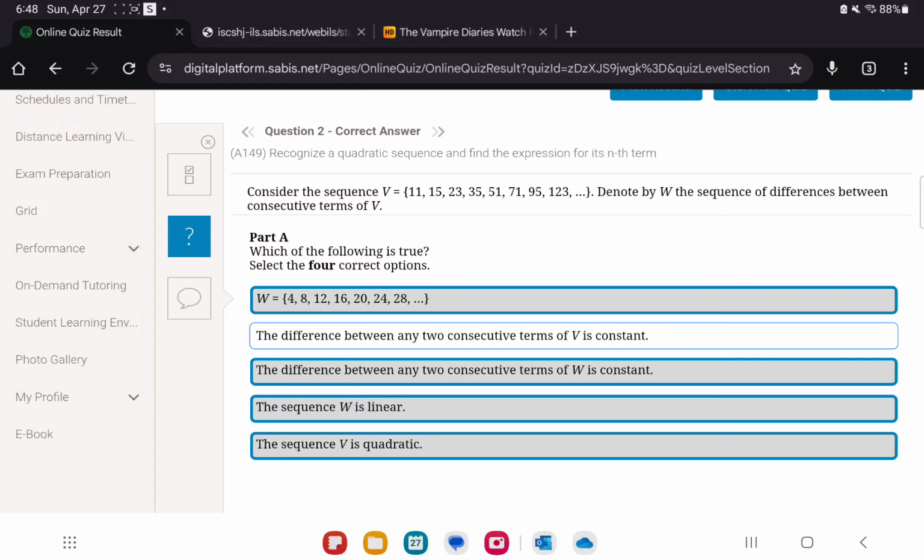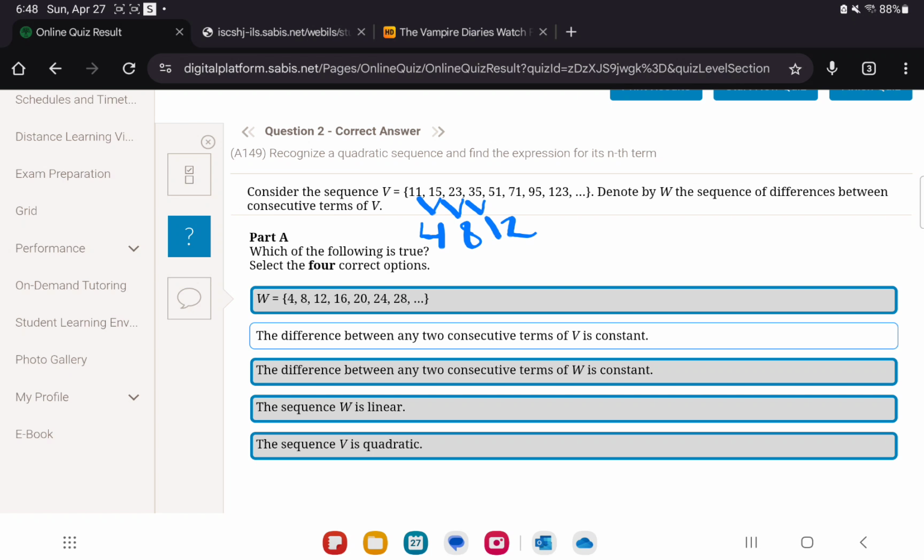Now for this question, it's literally the same thinking, okay? We have the sequence. Let's see if it's an arithmetic sequence or a geometric sequence, okay? So 15 minus 11 is 4, okay? 23 minus 15 is 8. 35 minus 23 is 12.